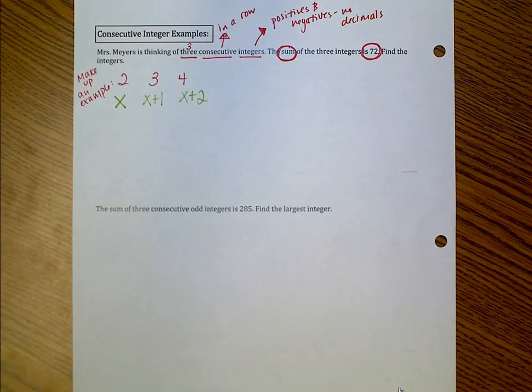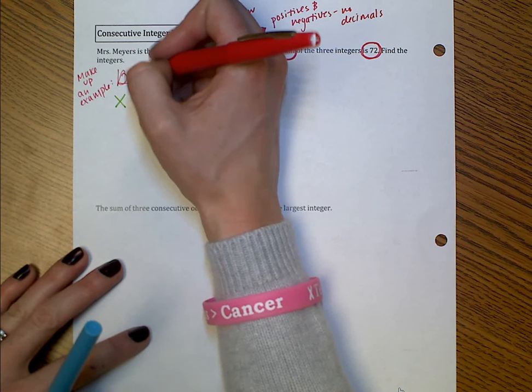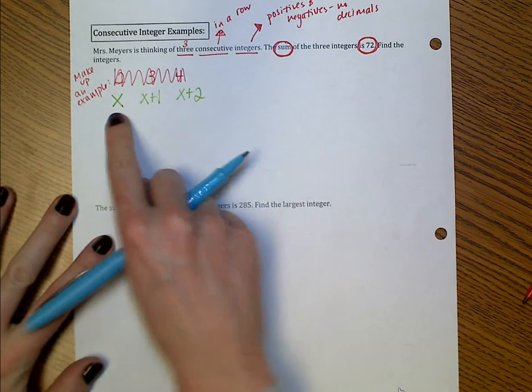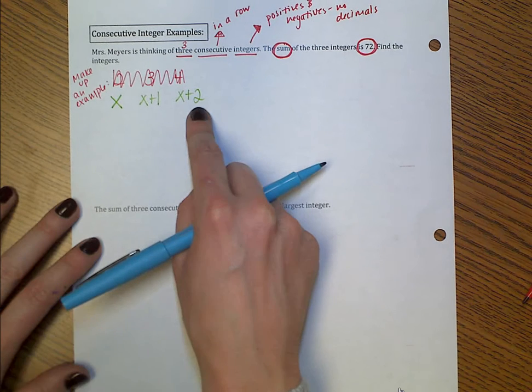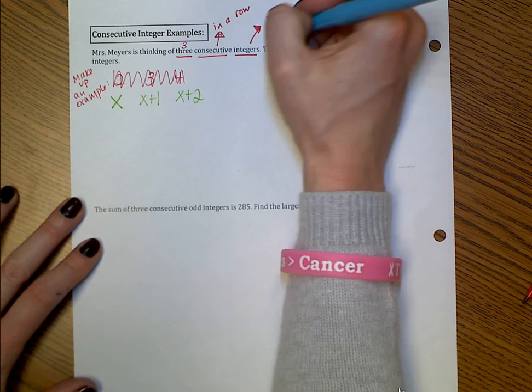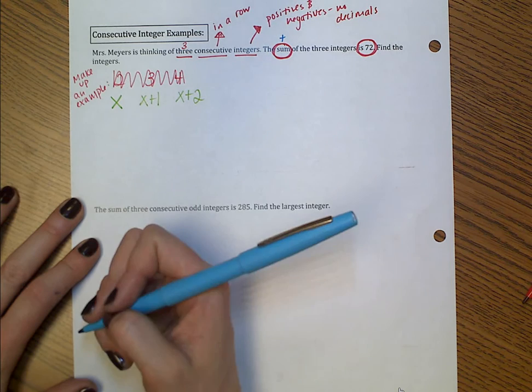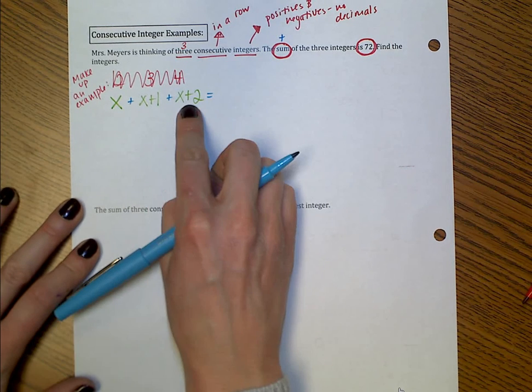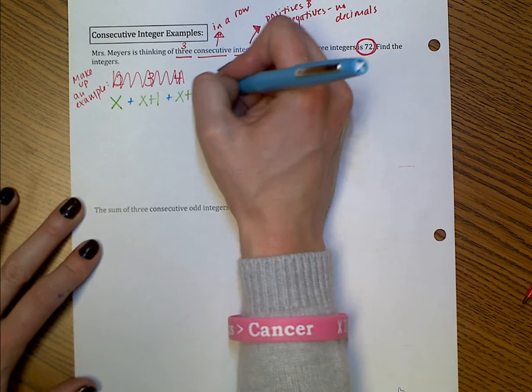Now, please be aware that I made up my example. So, I mean, hey, I could go like this and cross it off. It means nothing. This is what I care about, where the variable is. Now, sum, that means add. So if you add your 3 integers together right here, you should get 72.